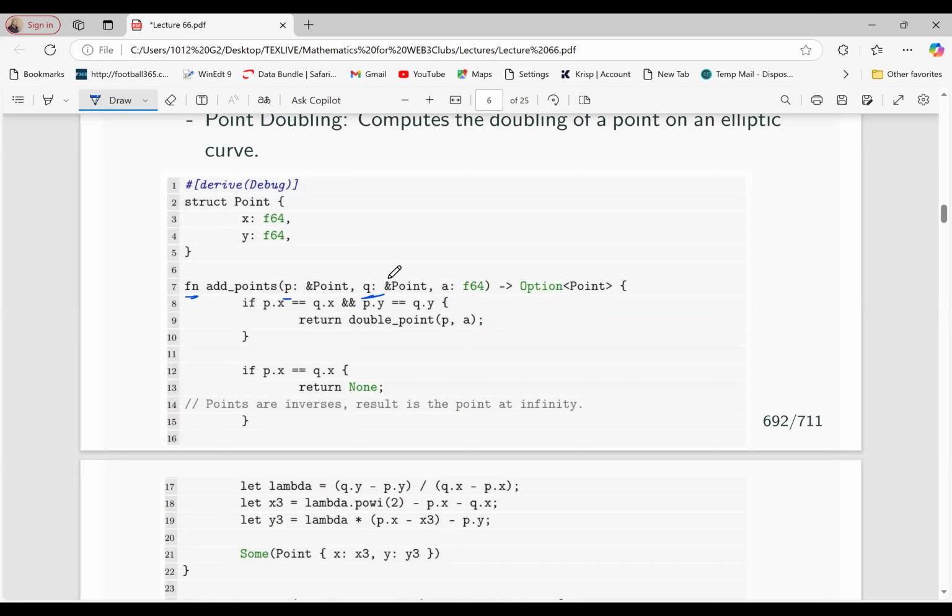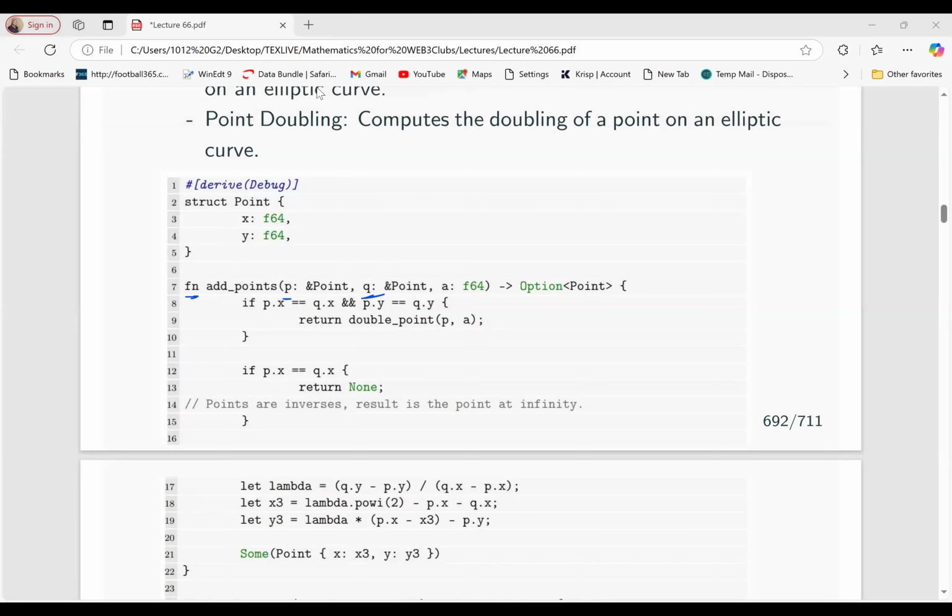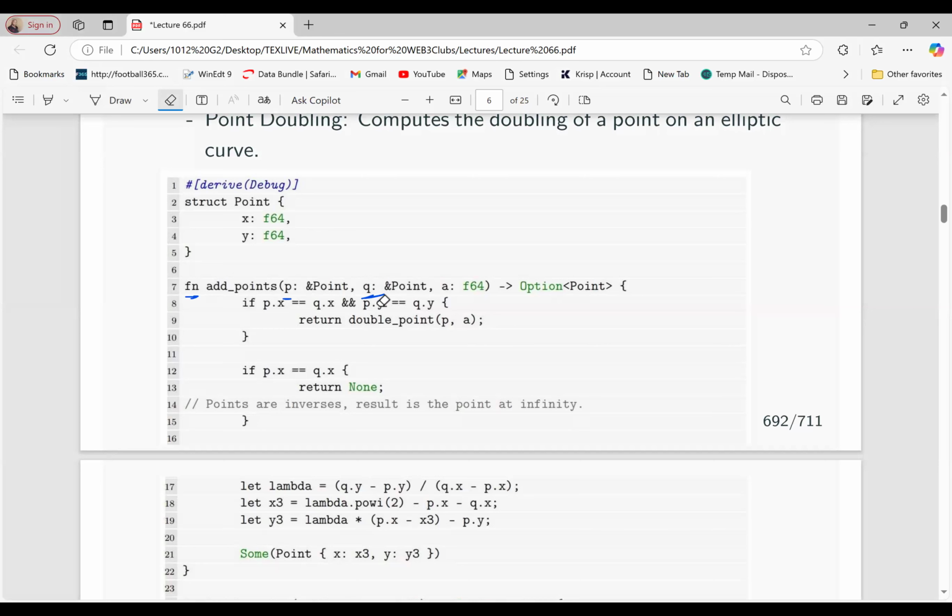And I'm doing it with 64 bits. Now, where the 2 points are different, this is what it's doing.